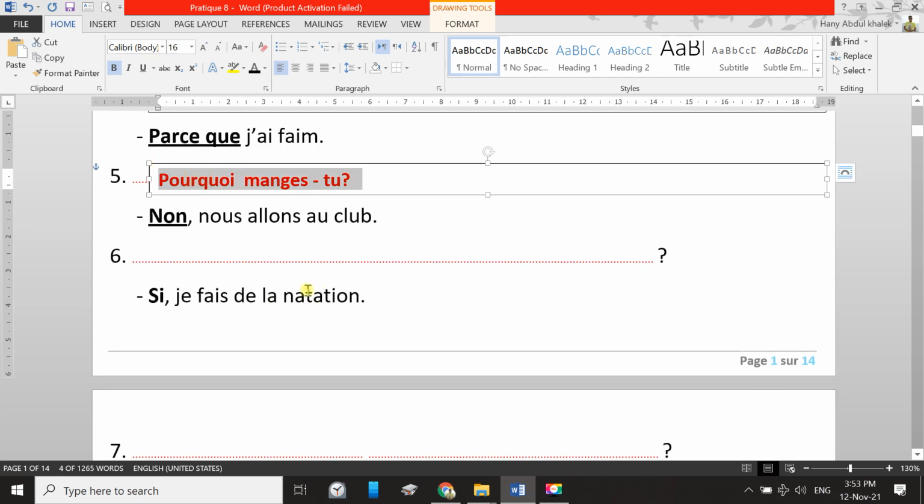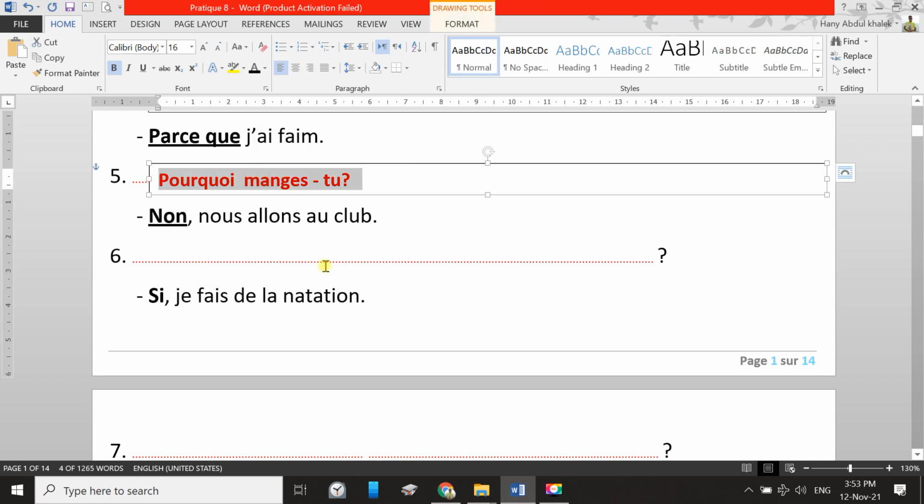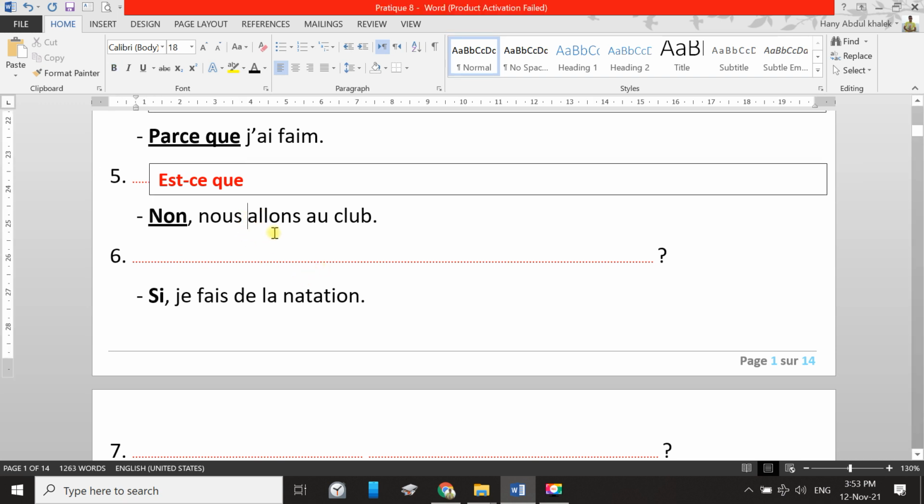Okay, here, non, nous allons au club. Here, it's a yes and no question. If we have something like that, we use the form of est-ce que. Est-ce que means do or does or did, like we say in Arabic, هل. So here we use est-ce que vous allez. Pay attention, here we said the opposite. No, nous allons au club.